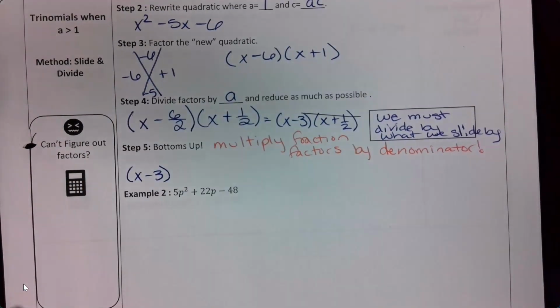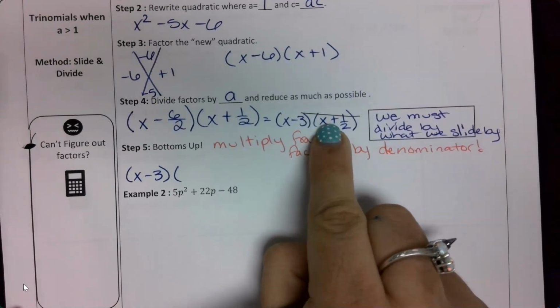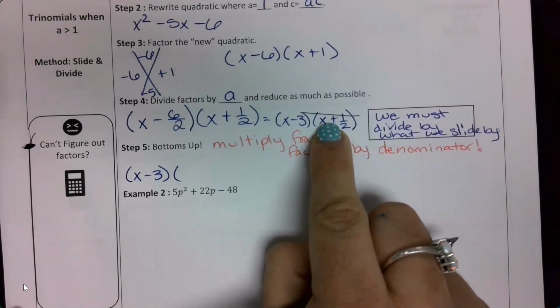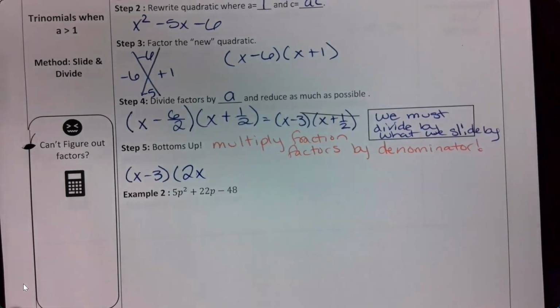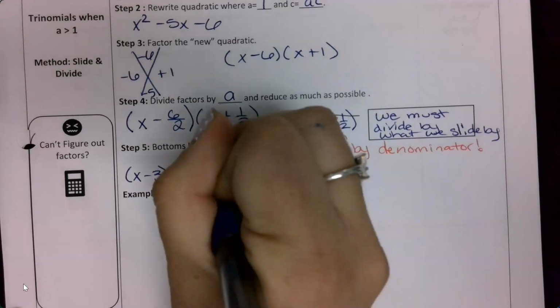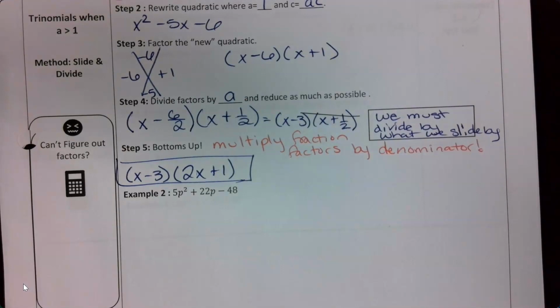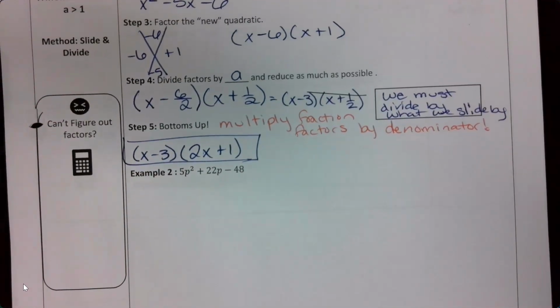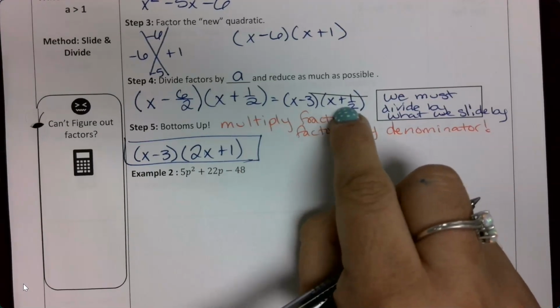It stays x minus 3. But on the second factor, I want to get rid of that 2 on the denominator. What's 2 times x? 2x. And then 1/2 times 2? 1. So this is my final answer. You see how I had a denominator of 2 right here? I multiplied both of those by 2 to get rid of the fraction.